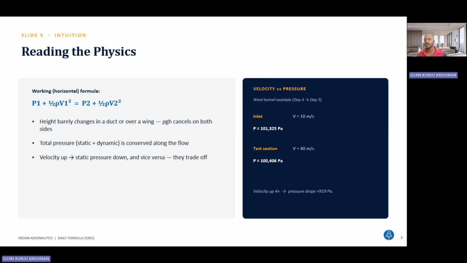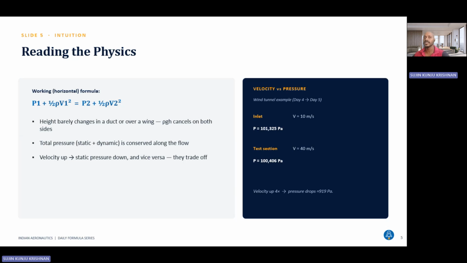So if velocity goes up at some point, the static pressure absolutely must go down to compensate. They trade off against each other. This connects directly to yesterday: we already showed that a narrowing duct increases velocity, so Bernoulli now tells us that wherever velocity increases, pressure must have dropped. Today, we will calculate exactly how much.